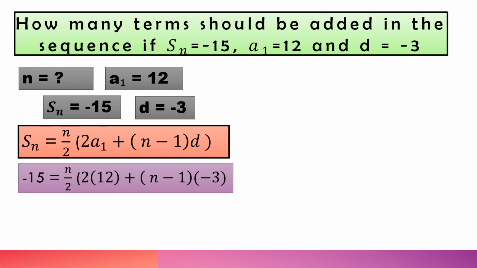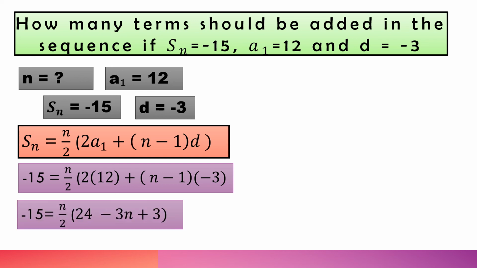we will then have negative 15 equals n over 2 times the quantity 2 times 12 plus n minus 1 times negative 3. That is equal to negative 15 equals n over 2 times the quantity 24 minus 3n plus 3.